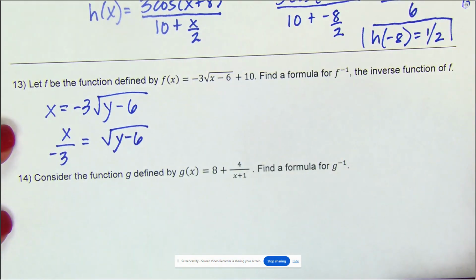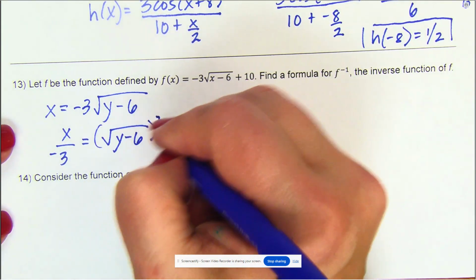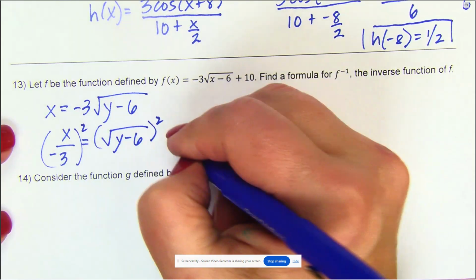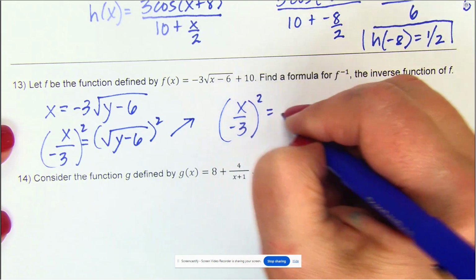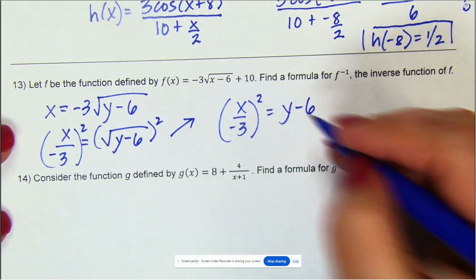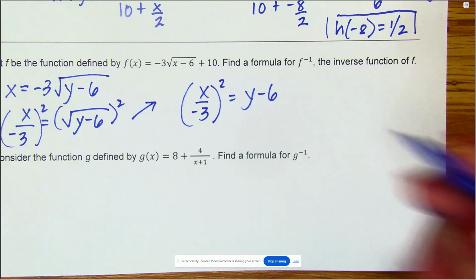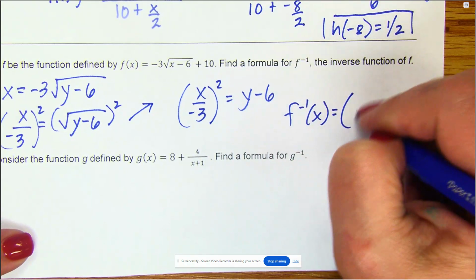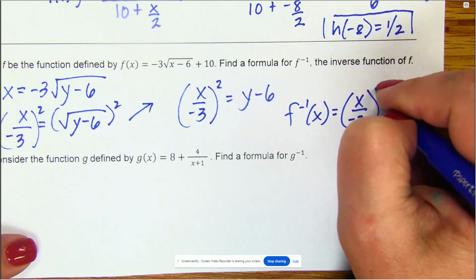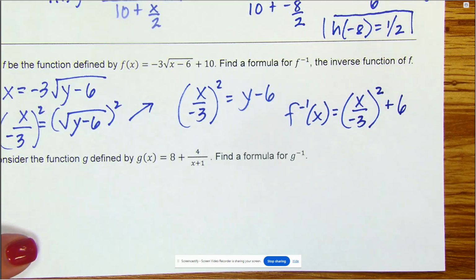And then I need to get rid of the square root, so I'm going to square both sides. I have x over negative 3 squared equals y minus 6. And then my last move is to add the 6. I'm going to write my final answer. The inverse function is x over negative 3 squared plus 6.